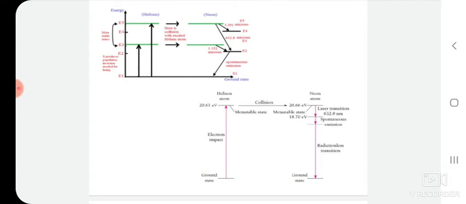So the remaining excitation energy is lost in collision with the tube wall, because the electron impact on the excited He and Ne atoms occurs all the time.